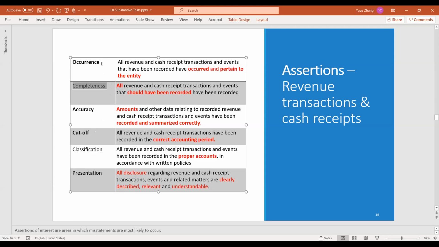If you are looking at the post-period sales transactions, actually you are looking at the occurrence assertion. On the other hand, if we look at the cash receipts, we are still doing the cutoff test. The post-period cash receipts will give you an indication of occurrence of the sales. So cutoff test is very important and serves both occurrence and completeness assertions.